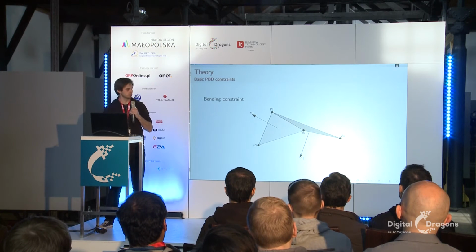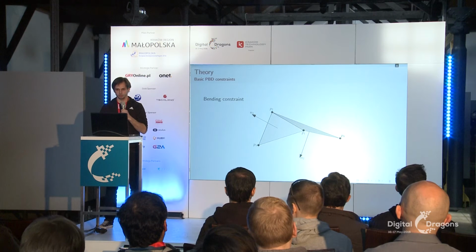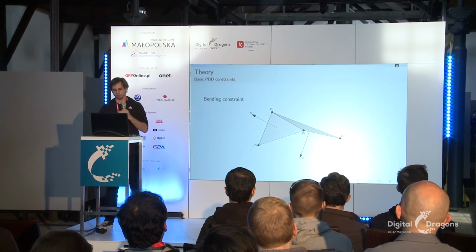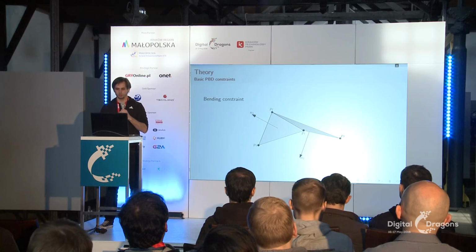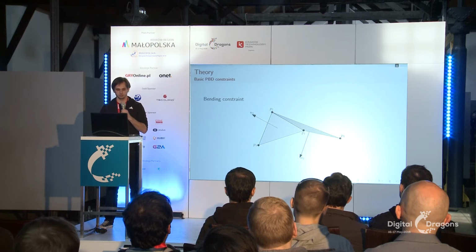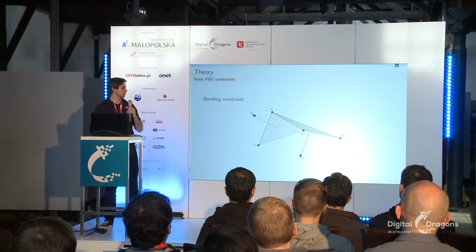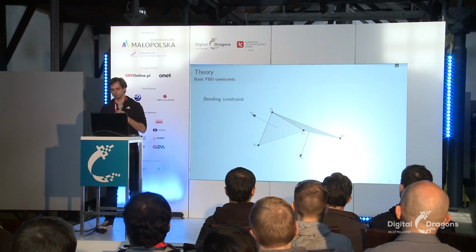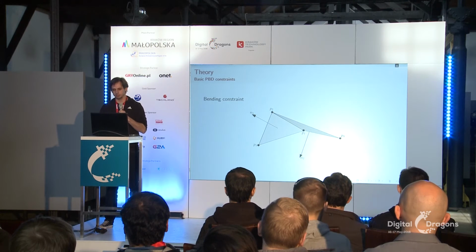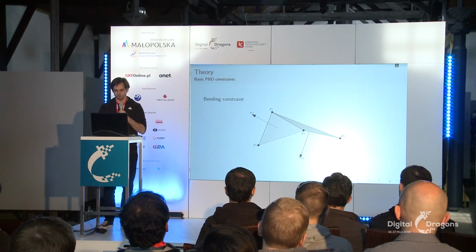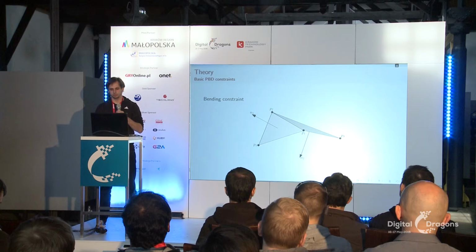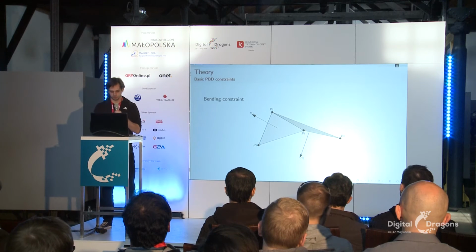We can treat this like an equality constraint. In that case, this constraint tries to keep the reference angle between triangles. Or we can treat it like an inequality constraint. In such a case, for example, the constraint is projected only when our current angle is less than the reference angle. Of course, there is also another implementation of the bending constraint involving only 3 particles. We don't need 2 triangles.